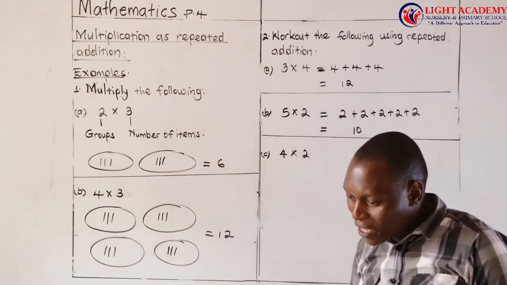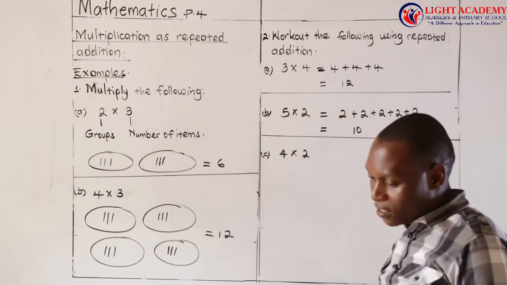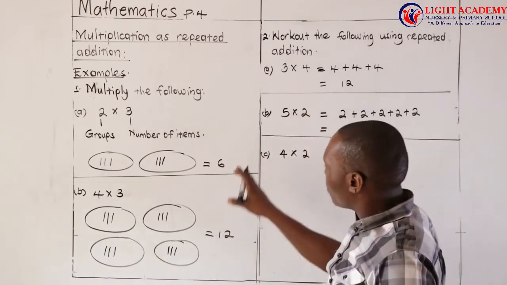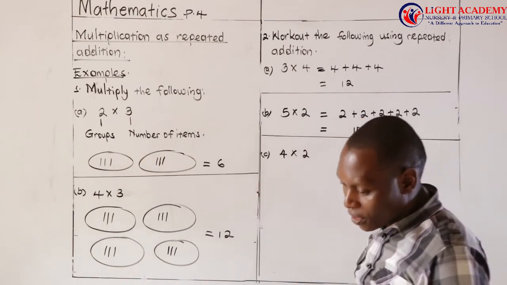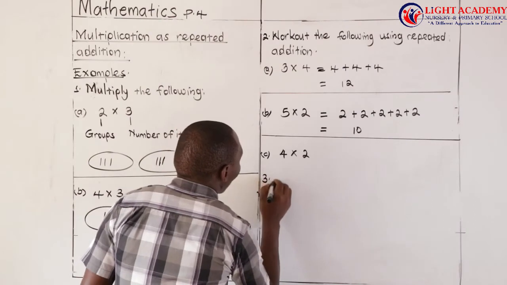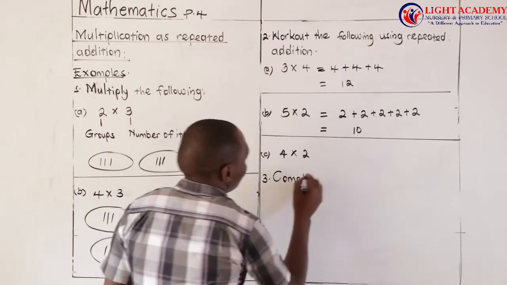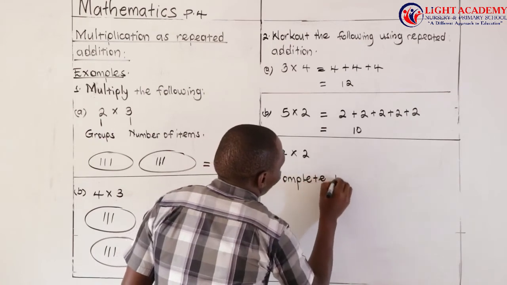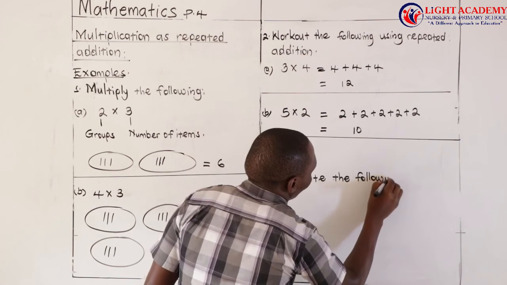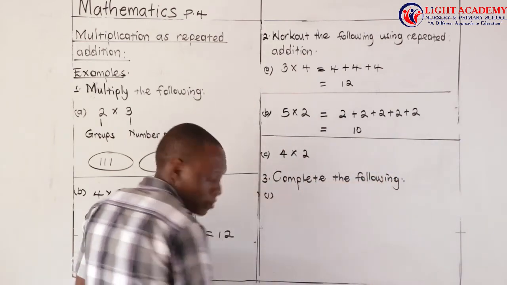However, there are some other questions that would come after understanding this. I can give another different question using this multiplication as repeated addition. They can say, number 3, complete, after understanding it, they can set such questions. Complete the following. Let me use this one, Roman numeral 1.